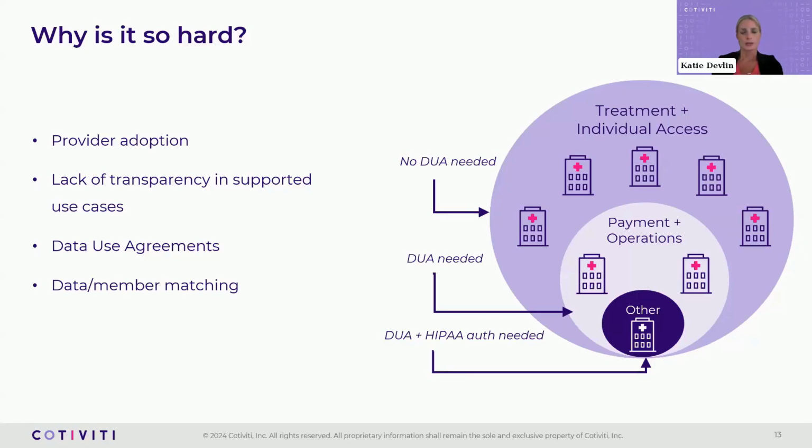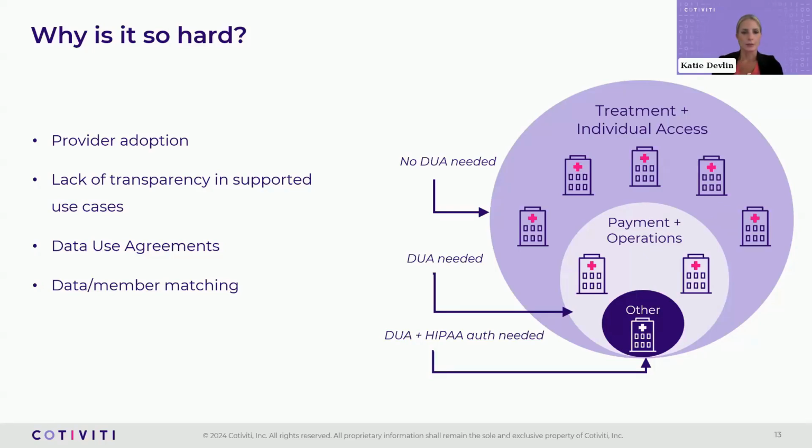We also see with some partnerships that there's a lack of transparency in supported use cases. What I mean by that is if you're not making a point-to-point connection with a provider or health system and you opt to go with a certain network or a data partner that's an aggregator, it can take a long time to really dig in to where they have data and where they don't, and for what purposes. There's a lot of misperception out there with some of these vendors that they have access to 50 million patient lives.